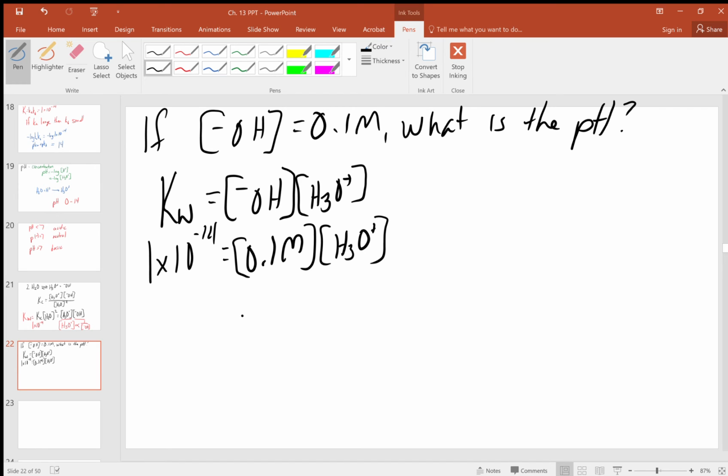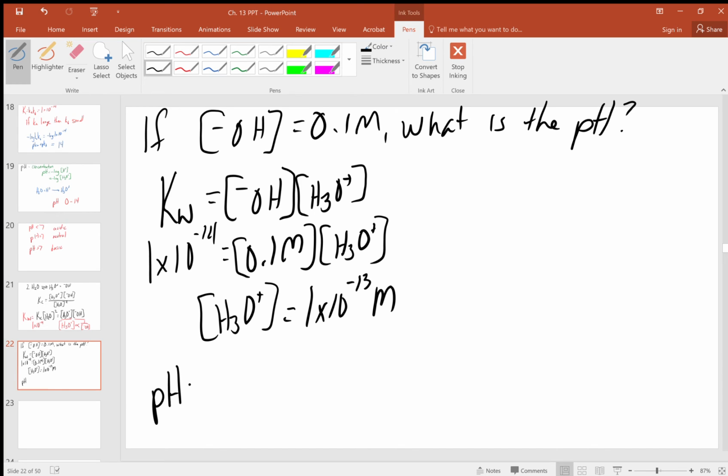Divide both sides by 0.1. That tells us the concentration of H3O plus is 1 times 10 to the minus 13 molar. In order to find pH, we can take the negative log of that, 1 times 10 to the minus 13 molar, and that tells us that we have a pH of 13.